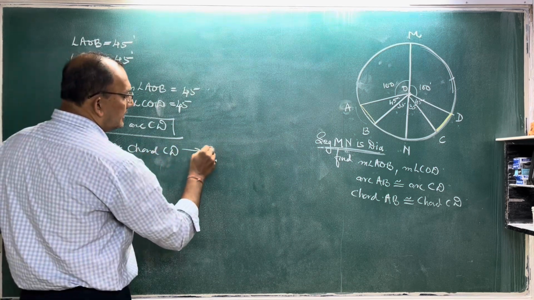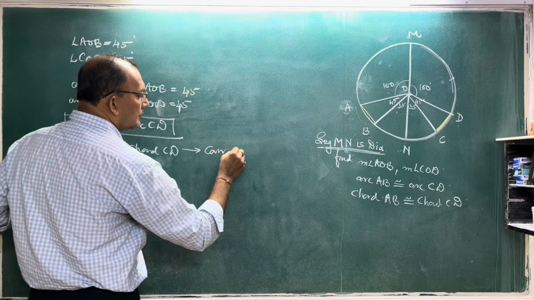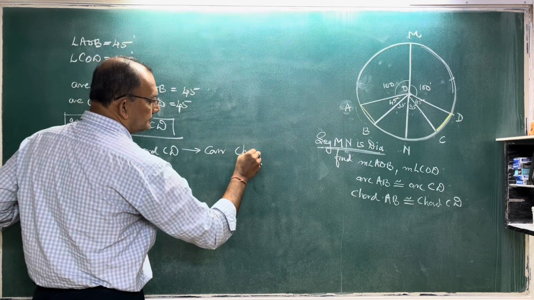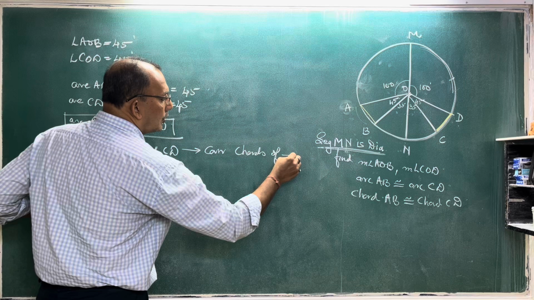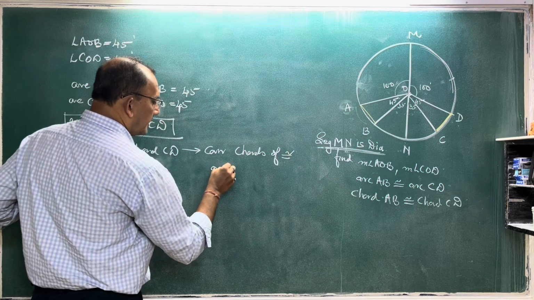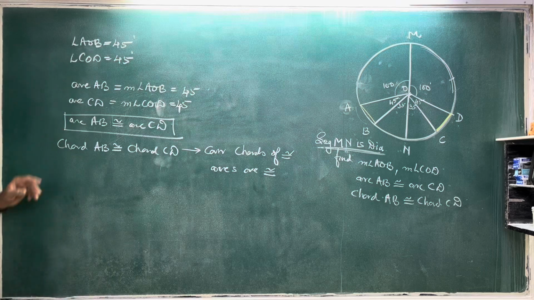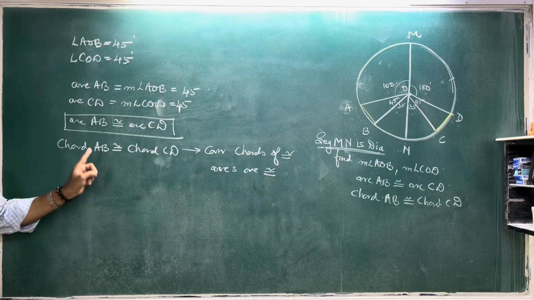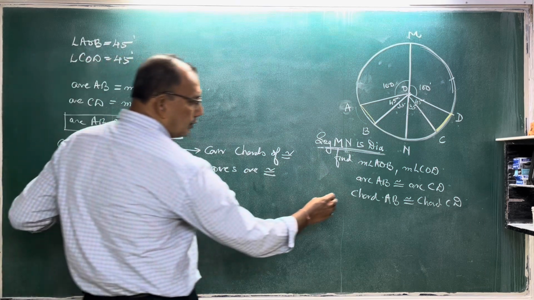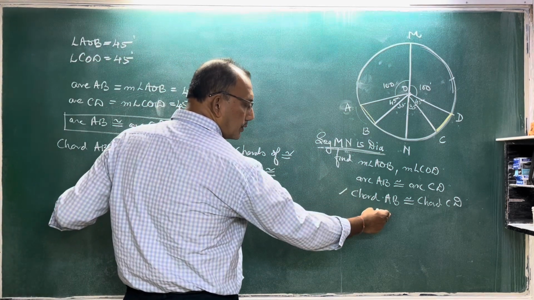Reason will be corresponding chords of congruent arcs are congruent. So since the arcs are congruent, their corresponding chords also will be congruent. So this is how we can prove chord AB is congruent to chord CD.